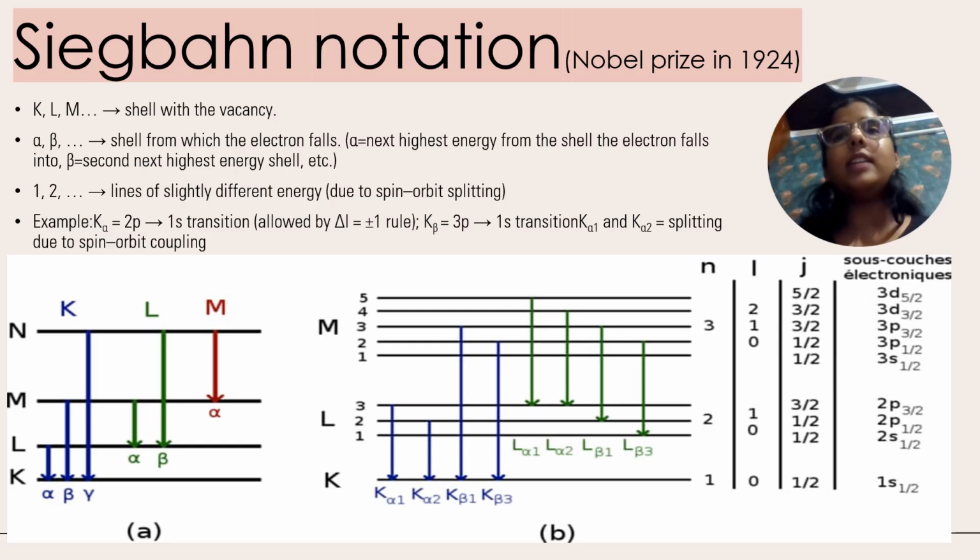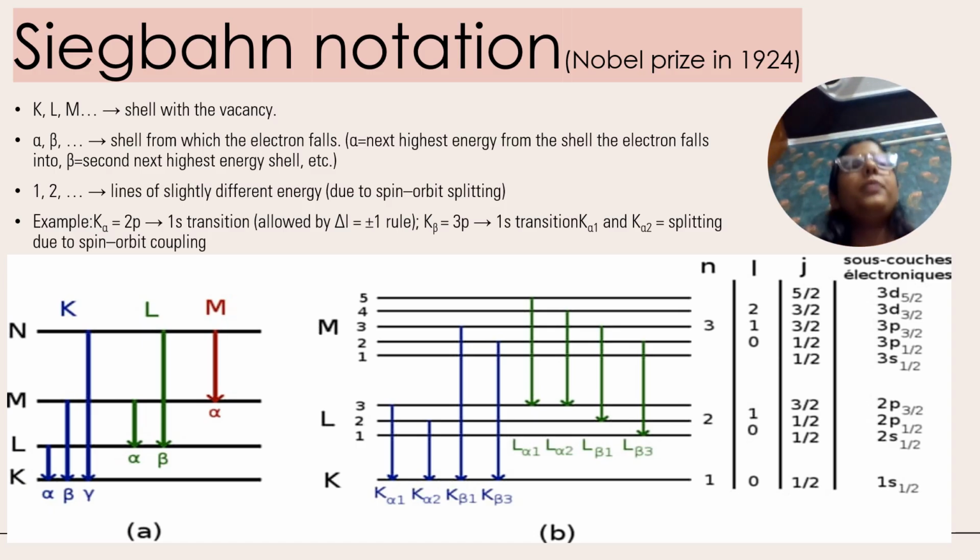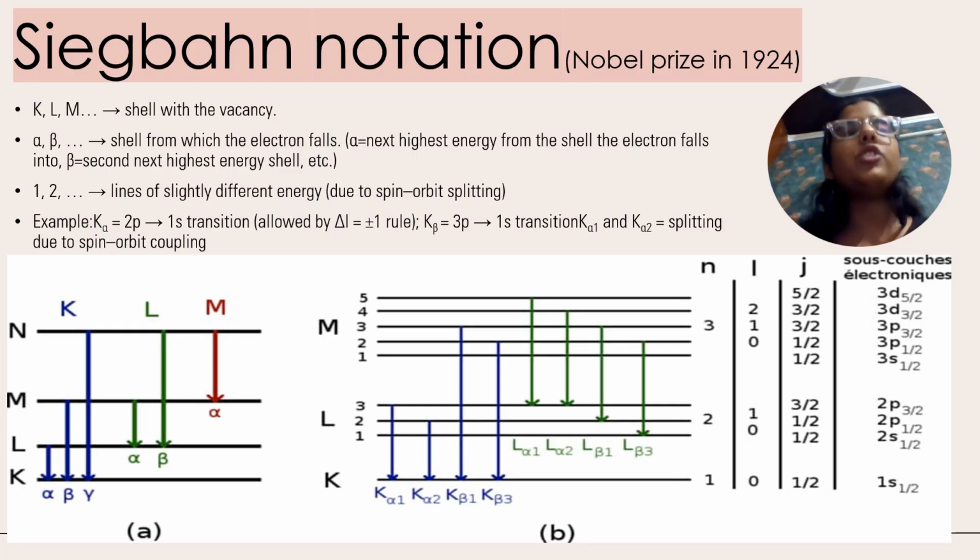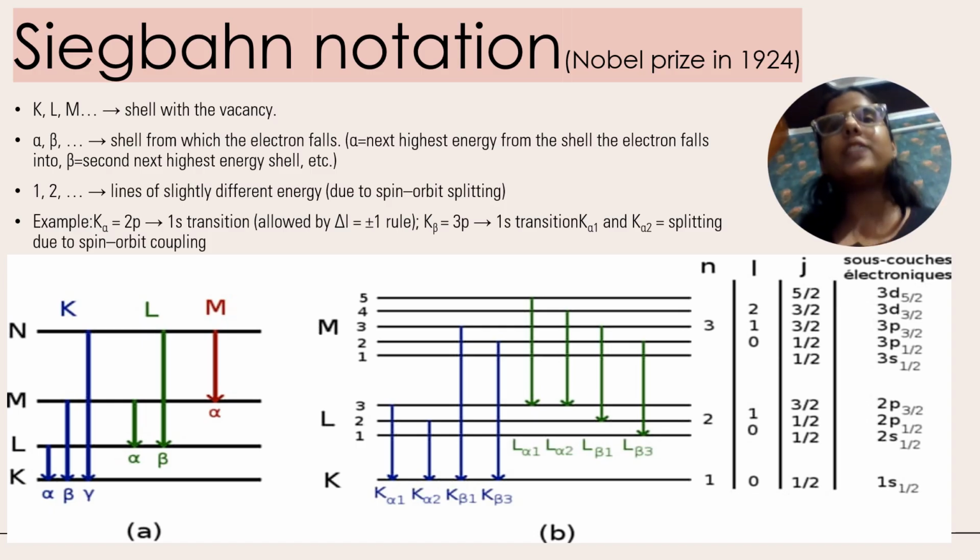It tells us about the orbitals of the target anode atom between which the transition is taking place to give rise to specific X-ray radiation. So Siegbahn notation tells us which electron shells are involved in the X-ray transition, that is, from which shell the electron falls and to which shell it goes, to give rise to an X-ray spectral line.